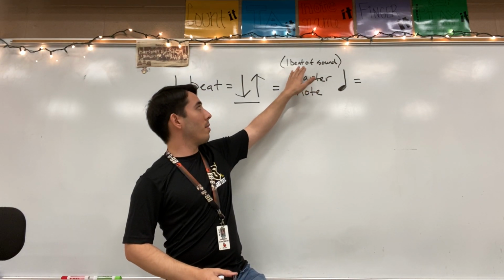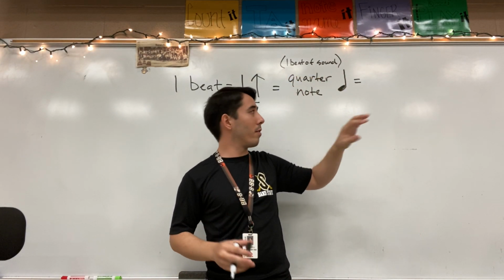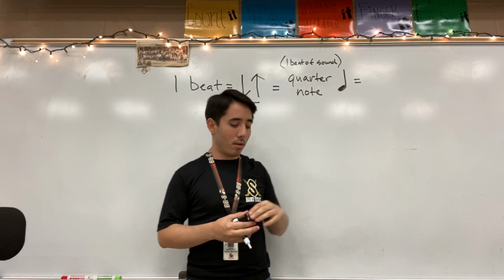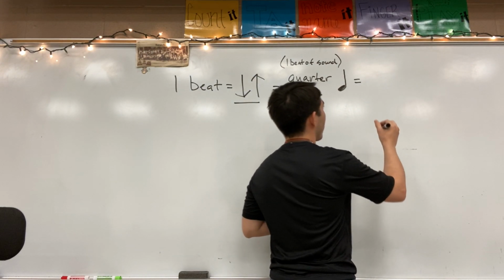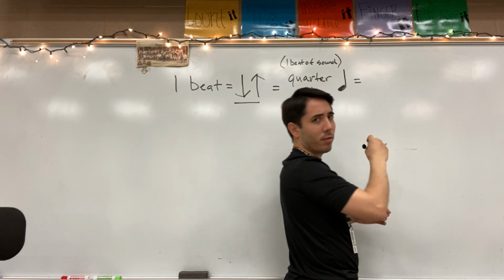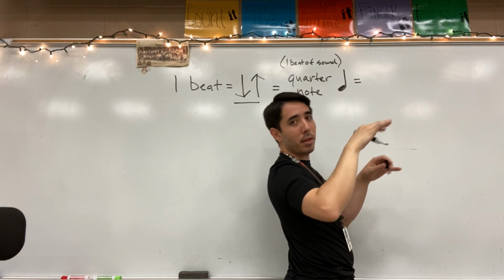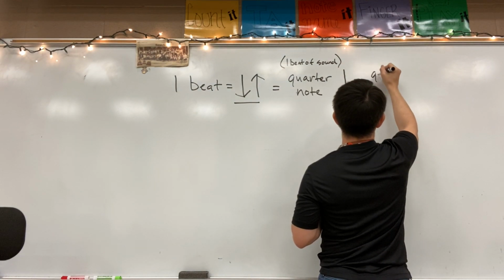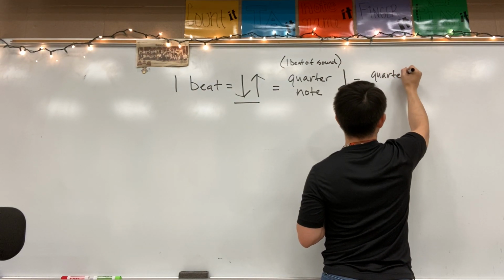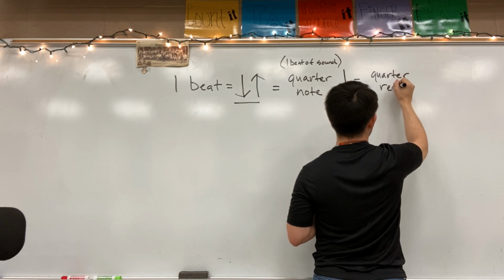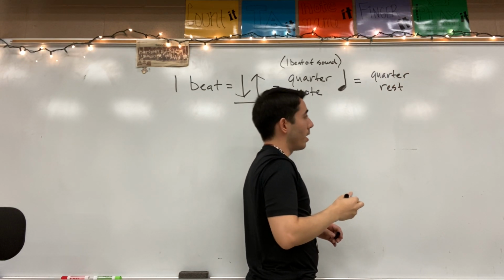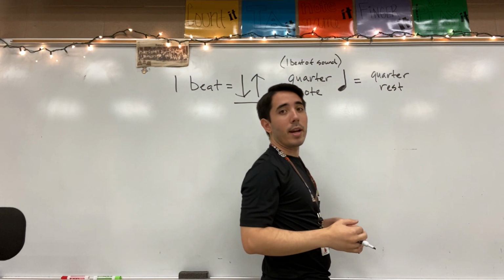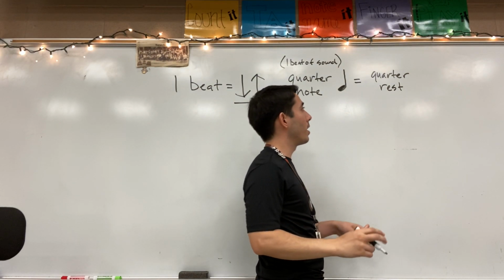So we have one beat of sound, and then one beat of silence. I think we went over it yesterday, but you can type in the comments and tell me if I'm wrong, but I think we did the quarter rest. This is your silence. When we don't say anything, you don't play anything.